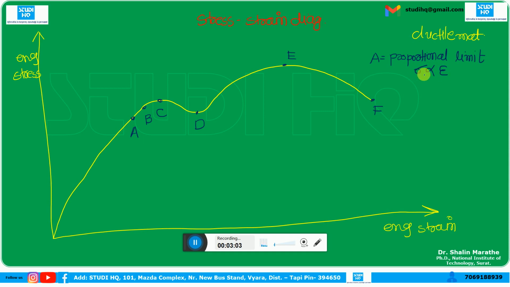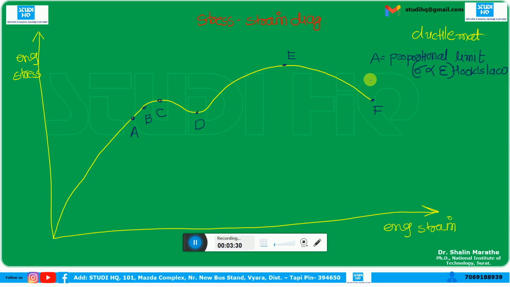Okay, up to point A, the amount of stress generated in the specimen while testing will be proportional to the strain, and that is nothing but Hooke's law. This is the statement of Hooke's law, that stress is proportional to strain. Okay, and we are talking about the engineering stress strain curve. So that is the first point.